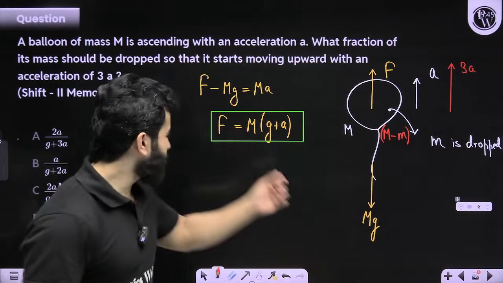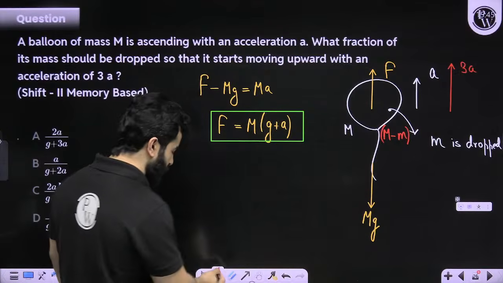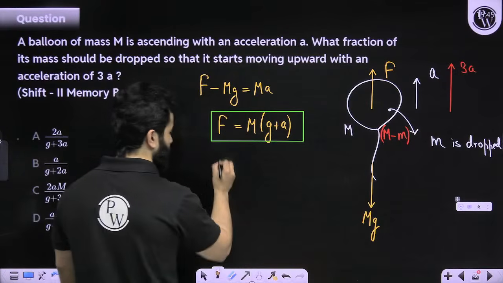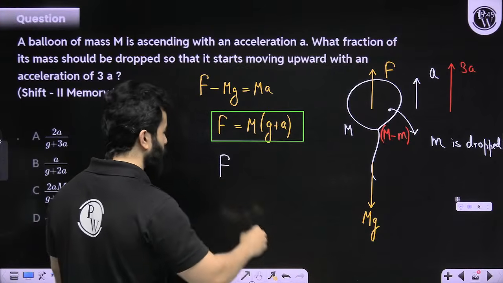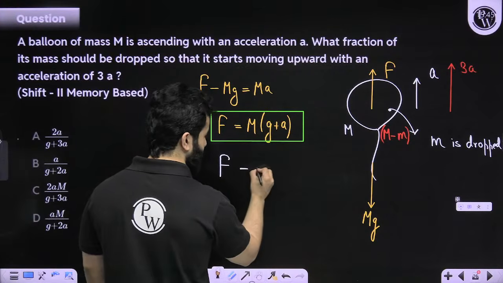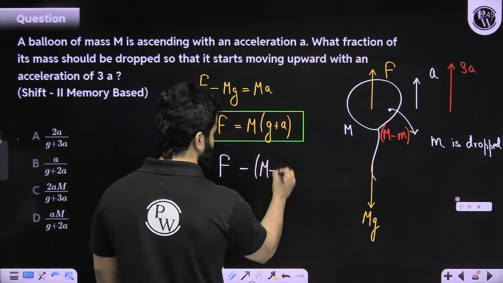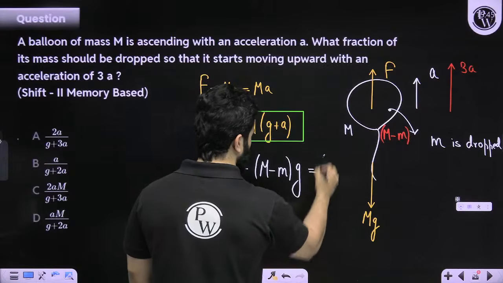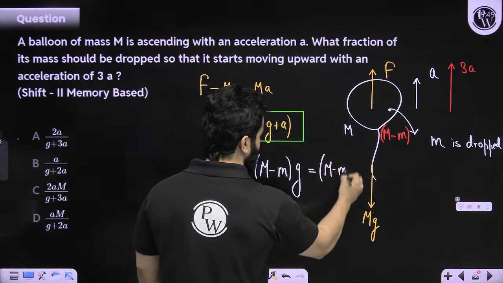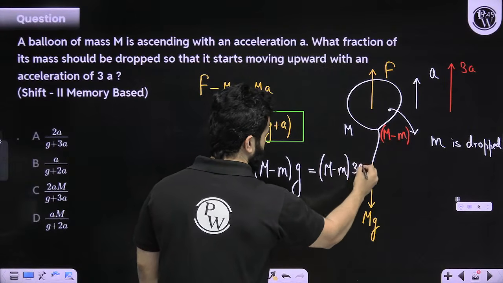You have not changed the driving force, so the driving force will remain the same, F, and the downward force is changed: minus (M minus m) multiplied by g, equals (M minus m) multiplied by 3a.